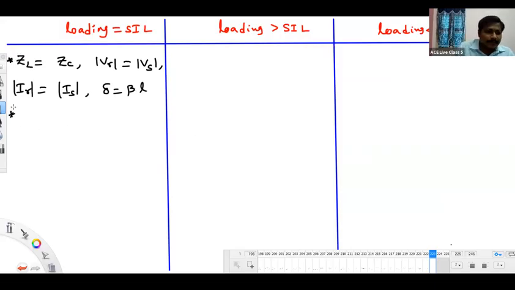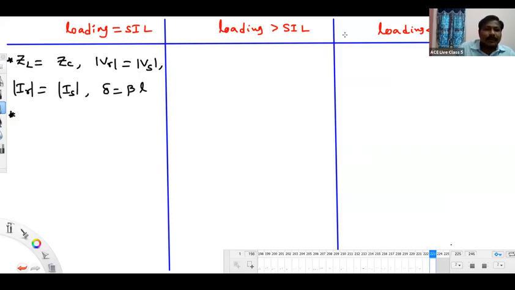Next, you tell me please. What is the behavior of the transmission line? It will be acting as a flat line. I think we have discussed that in yesterday's class. Voltage magnitude throughout the length of the line will be the same. Not only that, current magnitude is also the same throughout the length of the transmission line.